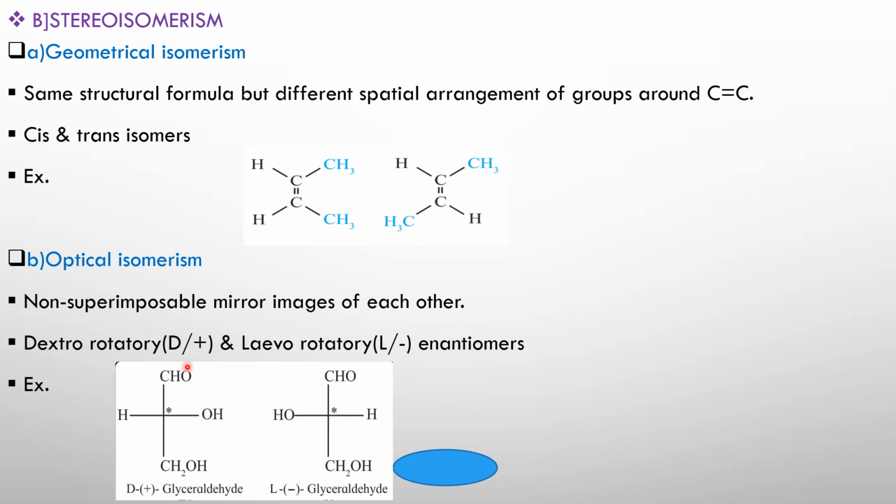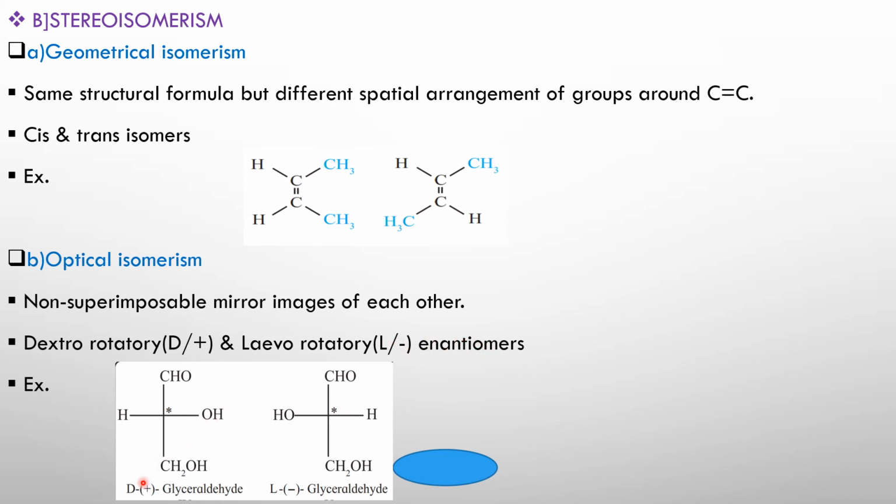Now in this case there are two types of optical isomers: dextrorotatory, denoted by capital D or plus sign, and levorotatory, denoted by capital L or minus sign. And optical isomers are also called enantiomers. So in this case we can have dextrorotatory, that is D or plus, and levorotatory, L or minus, enantiomers.